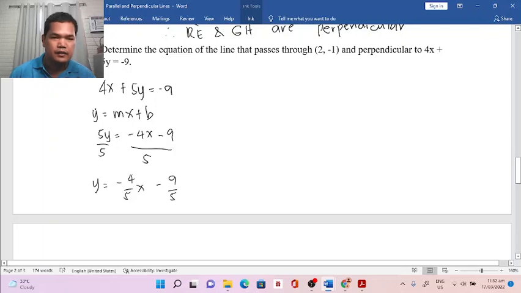Using the formula y = mx + b, we could say that the slope of this line is -4/5. Take note that we are looking for a line that is perpendicular to this line.